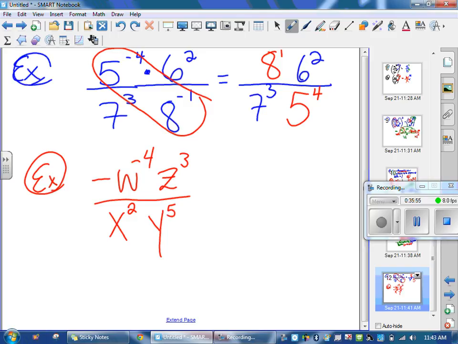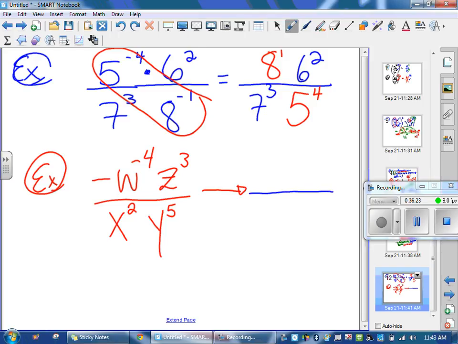All right. What happens here, kids? How am I going to move that one? What do I do with a question like that? What's the first thing I look at? What do you think? Put w on the bottom? Absolutely we do. But how come? Because it's negative. Does anything else change? No, the other ones don't change.